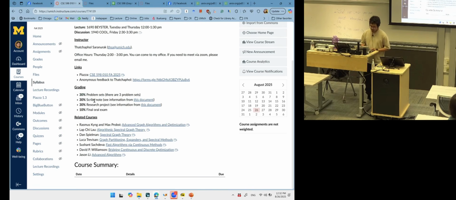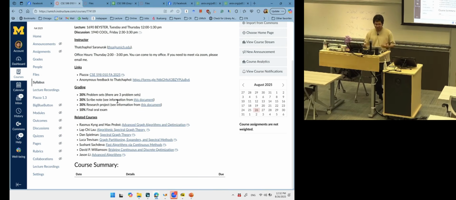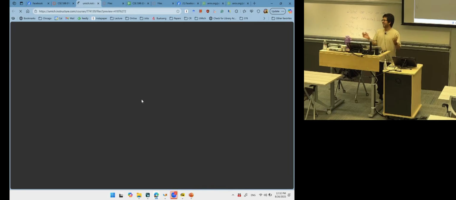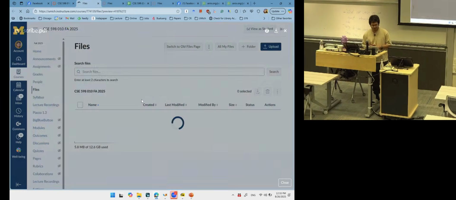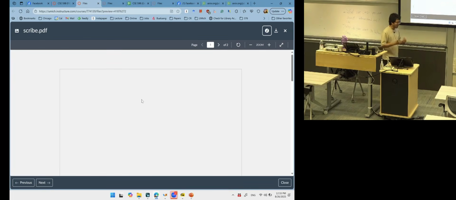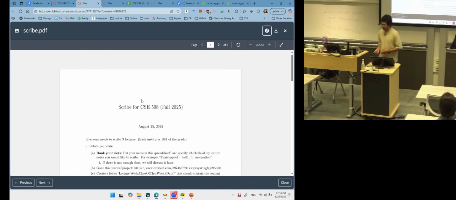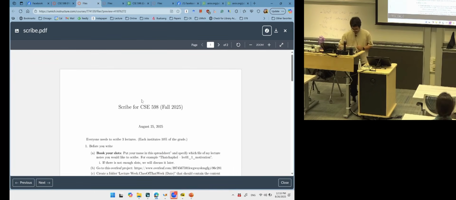Okay, let me talk quickly about scribe notes. As I said, my goal here is to make these techniques accessible to not just 15 people, but much more than that. So it's important for us to work together to write this down and make it accessible to other people.